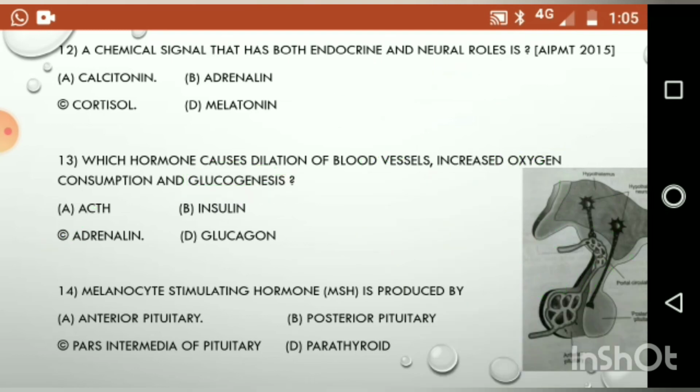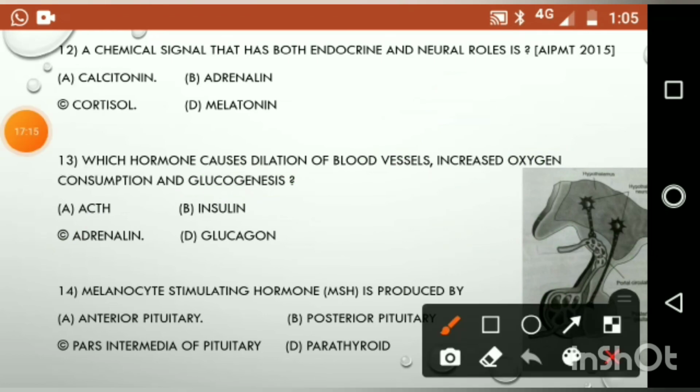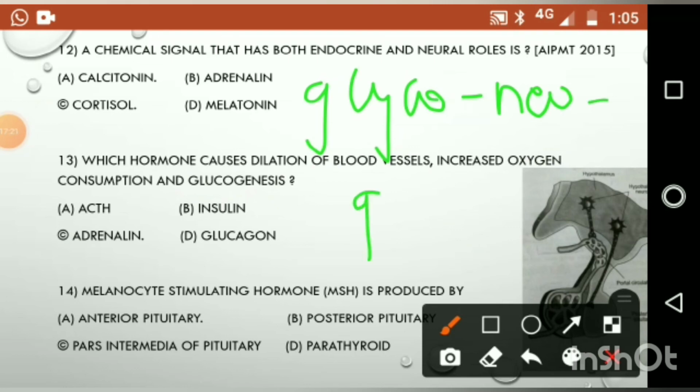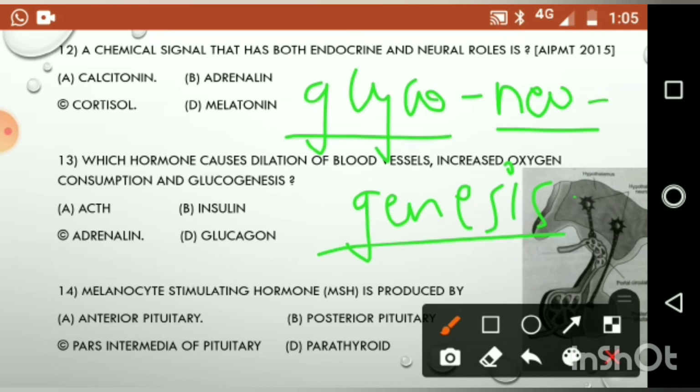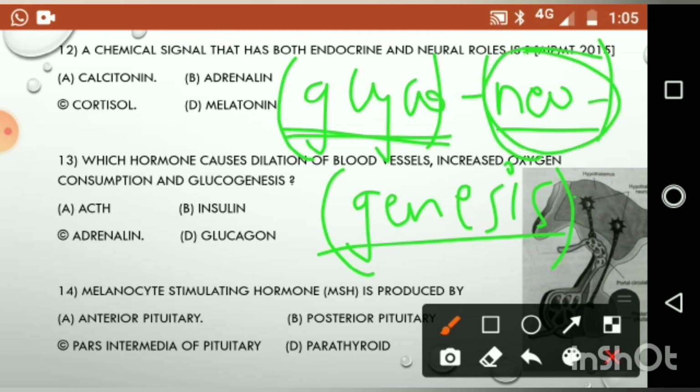Now there is this other word in NCERT also, which is called gluconeogenesis. As the word suggests, this is gluco, this is neo, and this is genesis. I have broken them down into three parts. Gluco meaning glucose or glycogen, neo meaning new, and genesis meaning production, the starting of something new.